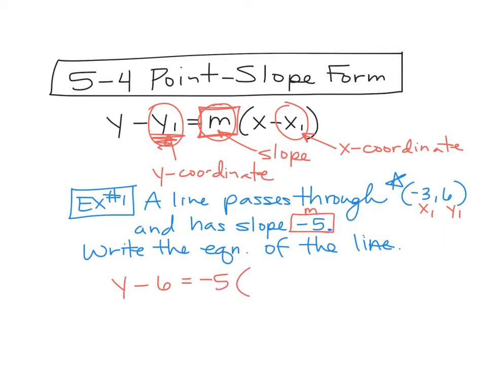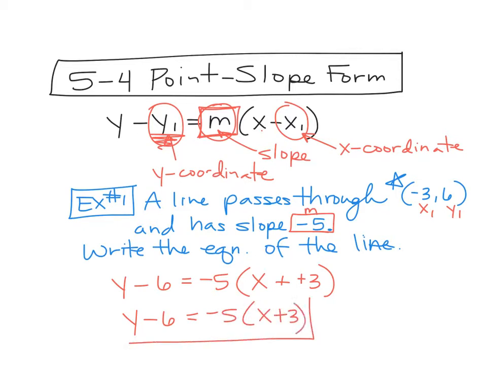And then you have parentheses x minus my x1 value. What is x1? -3. So if I say x minus a -3, a better way to write that would be what? X plus 3, right? Minus a negative is plus a positive. So your answer is y minus 6 equals -5 times x plus 3.